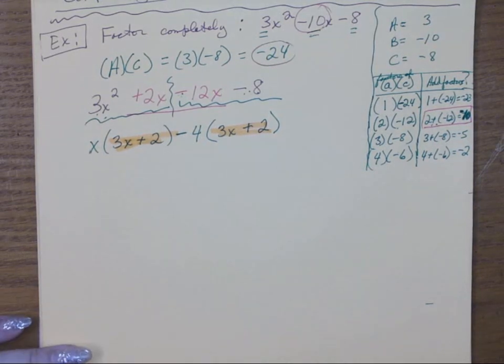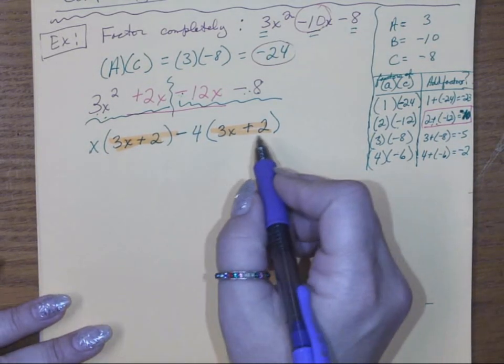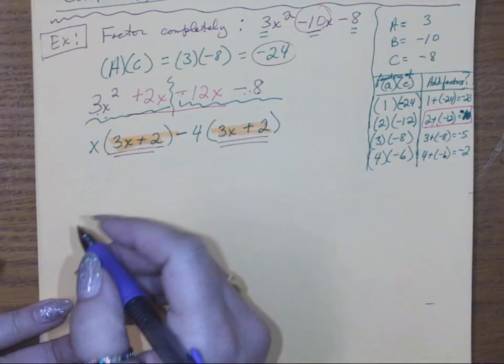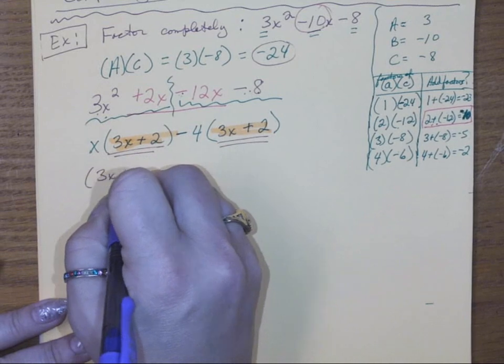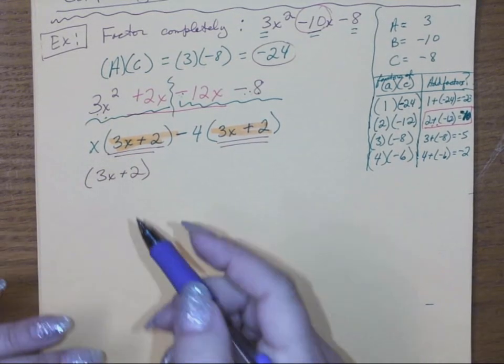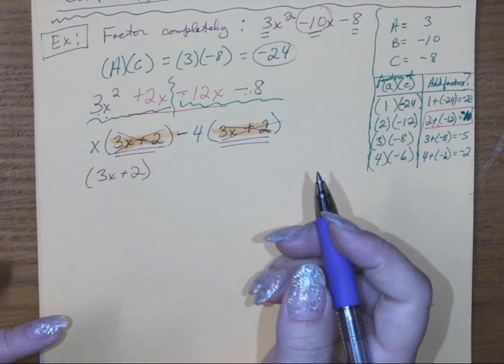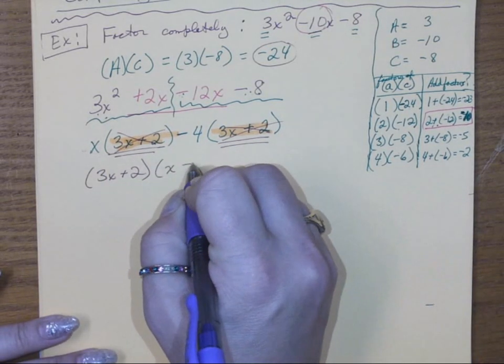And so I see that twin thing coming in there, and I'm going to factor this greatest common factor out. So that goes in front, 3x plus 2. They go away because I factored them out in front. And then what's left over is its own factor, so x minus 4.